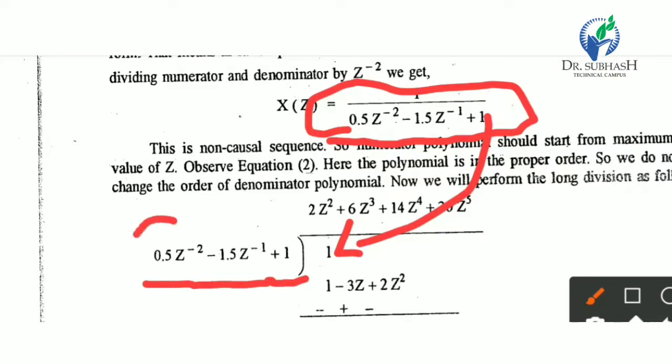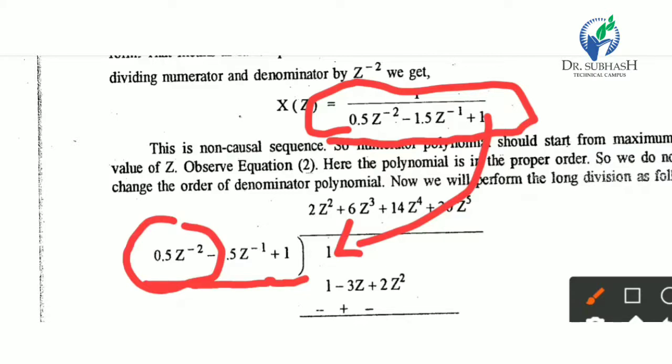For the first term, we have to make it 1. So which value do we have to multiply so it becomes 1? 0.5 multiplied by 2 becomes 1, and z^-2 multiplied by z^2 becomes 1.